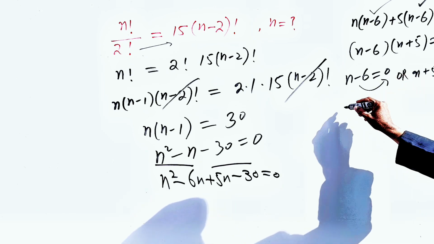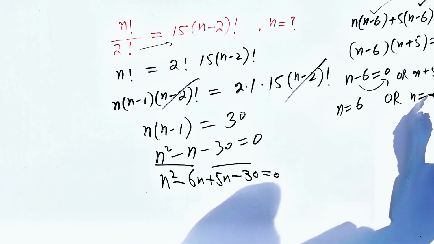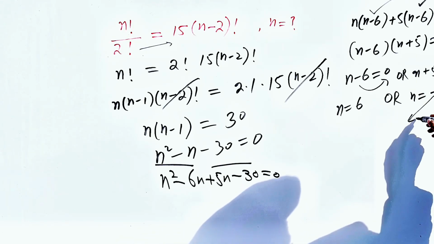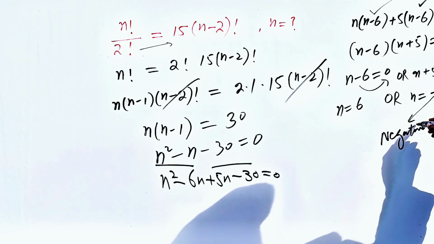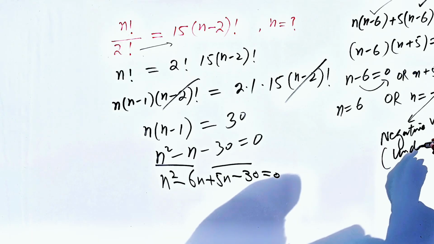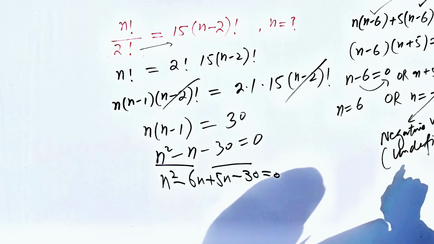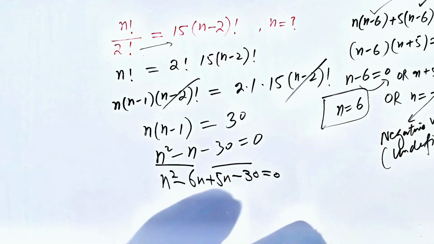Now we transfer this to the right side, so n is equal to 6 or n is equal to minus 5. Negative values are undefined in the case of factorial. So n is equal to 6 is our answer.